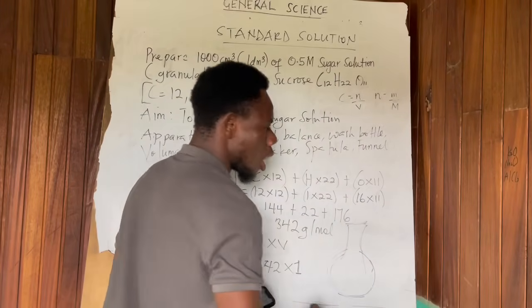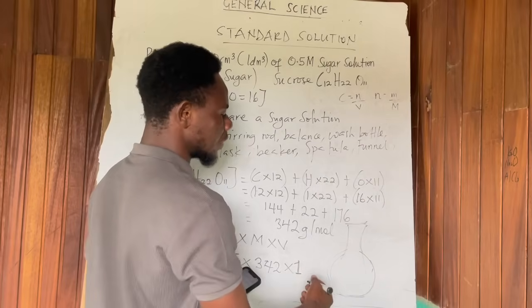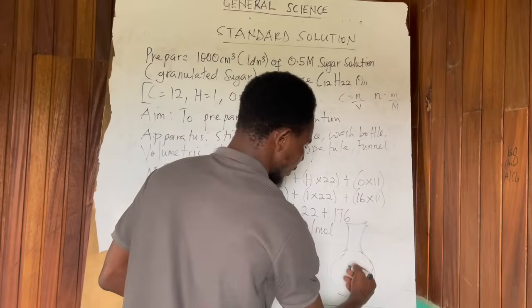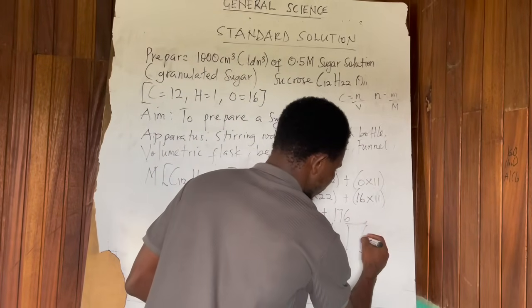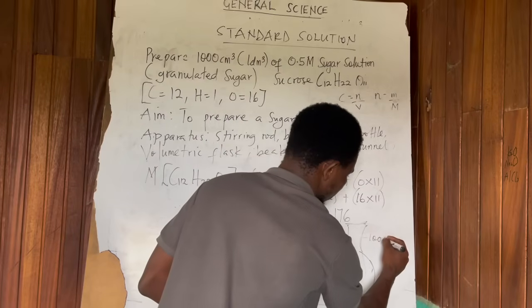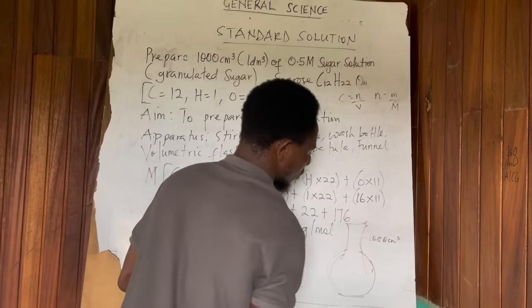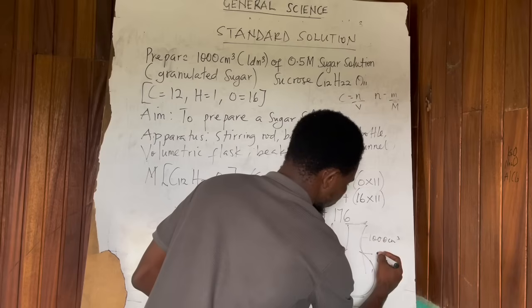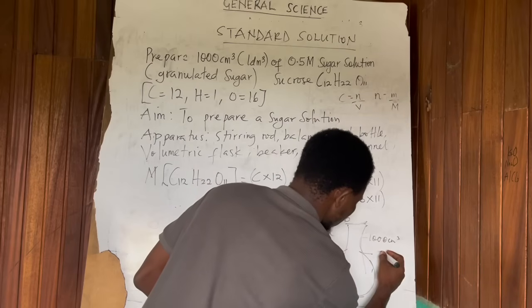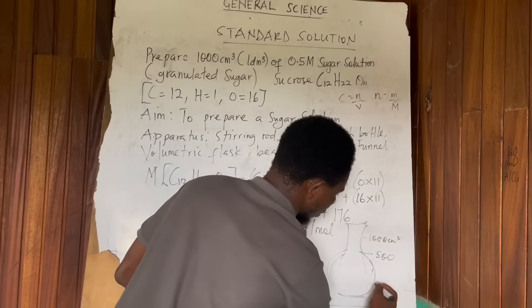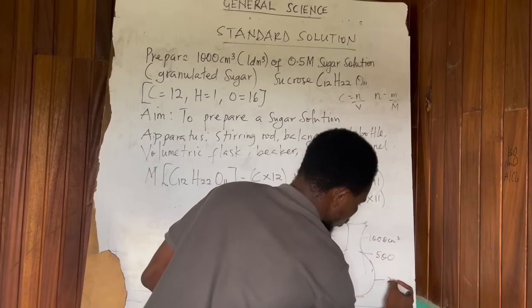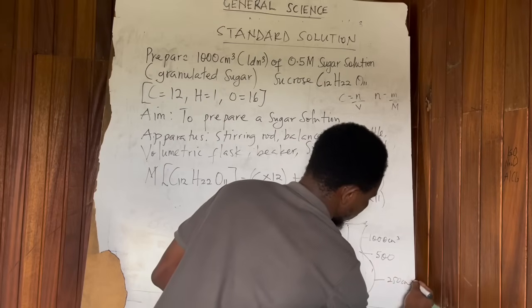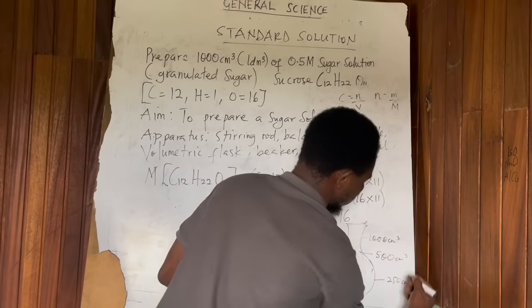Because it is graduated, it has indications. So here is, let me say, 1000 centimeters cubed, here is 500, and here is, let me say, 250 cm cubed.